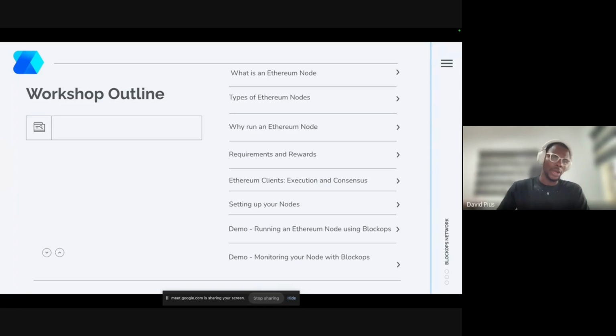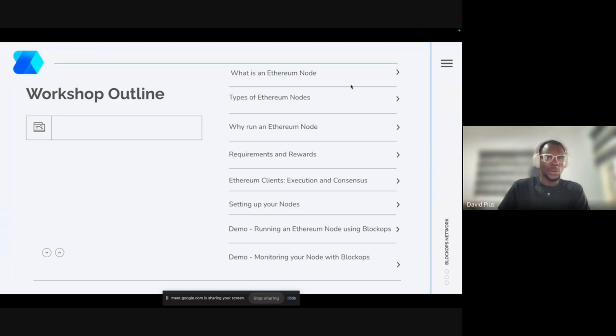Blockops is creating those tools, supporting the community education-wise, to be able to run an Ethereum node. Not just an Ethereum node, obviously, but Ethereum is the focus at the moment. With that skill set, you are also able to run other nodes, with a little bit of tweaks on its own end.